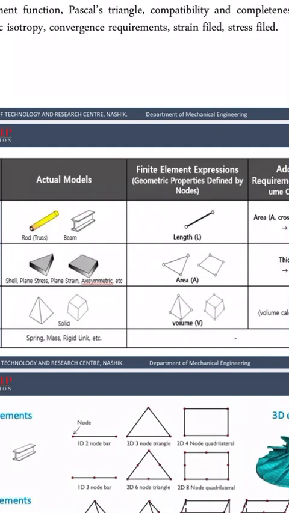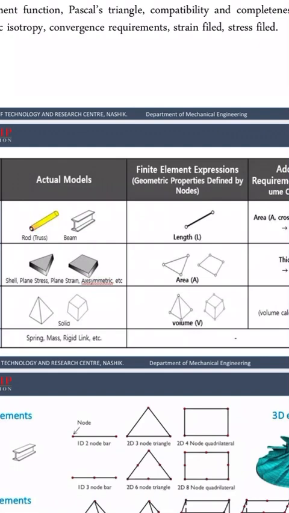Now next one is the three-dimensional element. For a three-dimensional element we need volume. As we know, the actual model is a type of solid, so to define the solid in finite element expression we need the volume of that element.